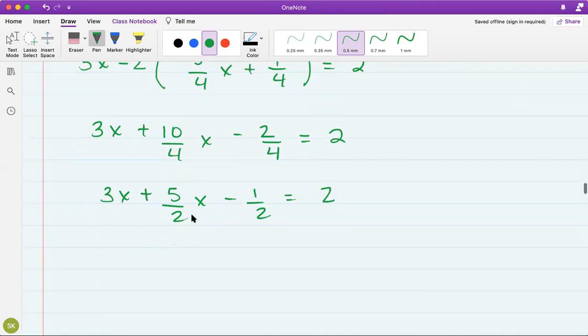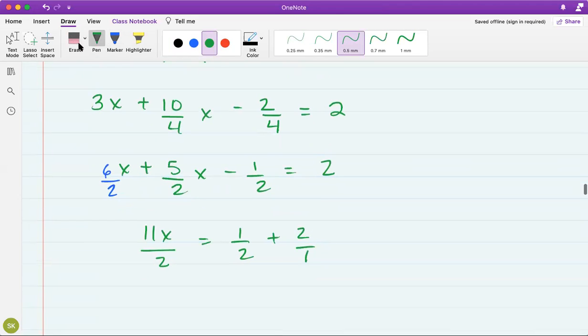Now we can combine these two. To combine them, we have to get the same denominator. So 3 over 1 is the same thing as 6 over 2. So let's write that here. This is 6 over 2. And to add these two together, you're going to get 11x over 2. And then I'm going to move the 1/2 to the other side. This is 2 over 1.